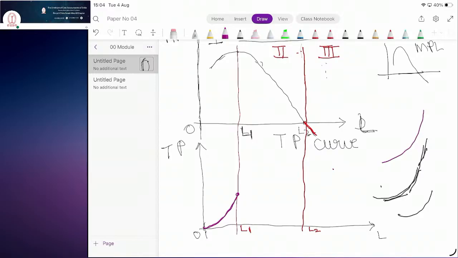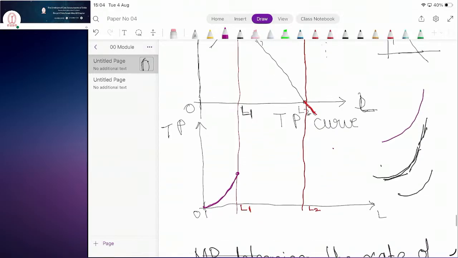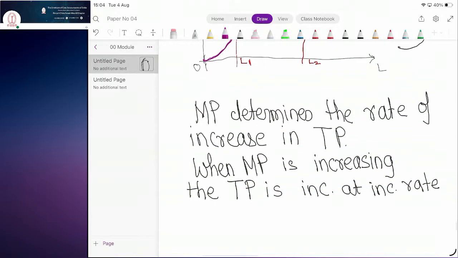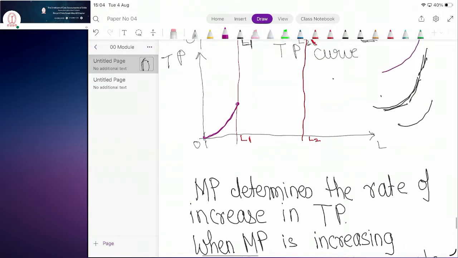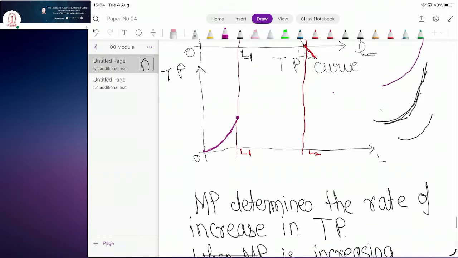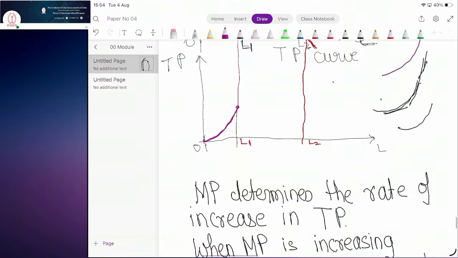This is a curve which has an increasing slope, and the slope is determined by marginal product. So total product is increasing at an increasing rate. Draw this part and stop exactly at the line where it cuts L1.